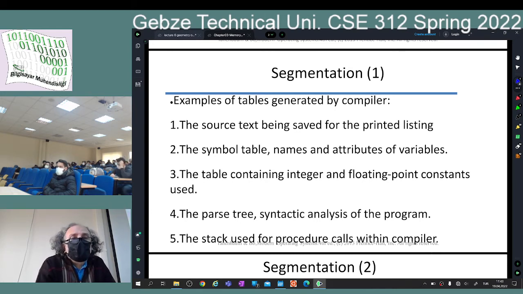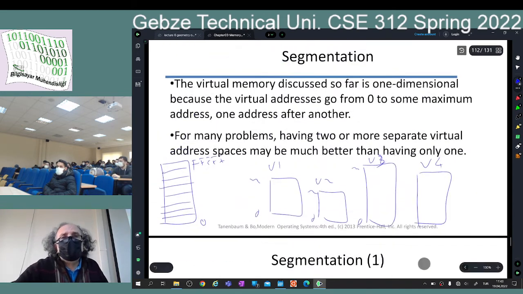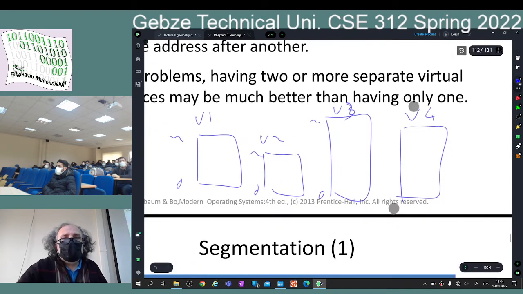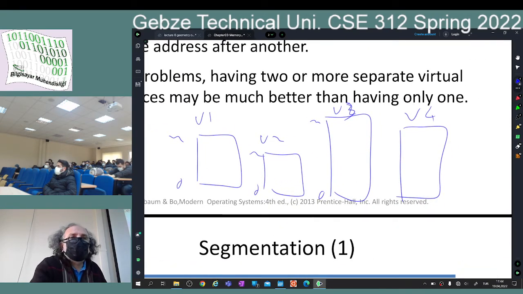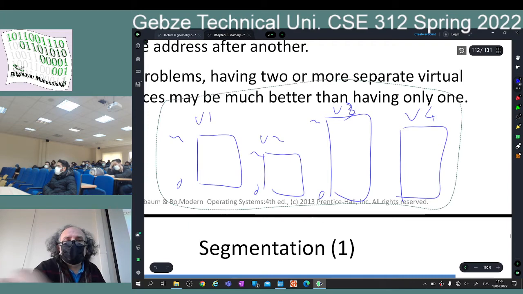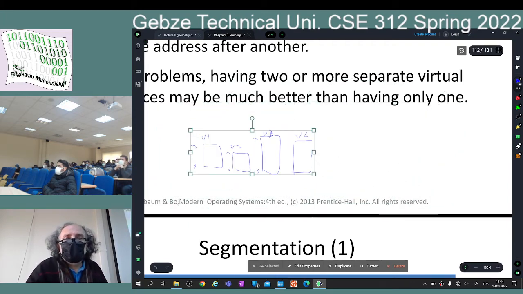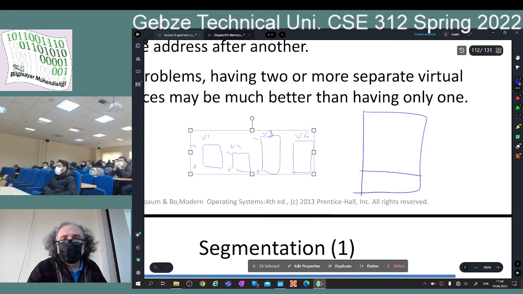You ask the hardware to give you a segment, and it's going to give you a segment, and you don't care where the segments live. Of course, there is no such thing as these segments by themselves being physical memories. These are virtual memories, and it is the responsibility of the hardware and the operating system to put V1 here.